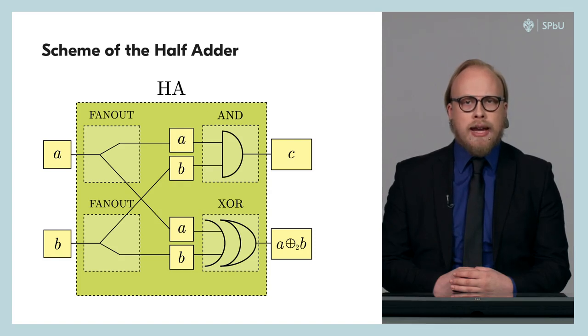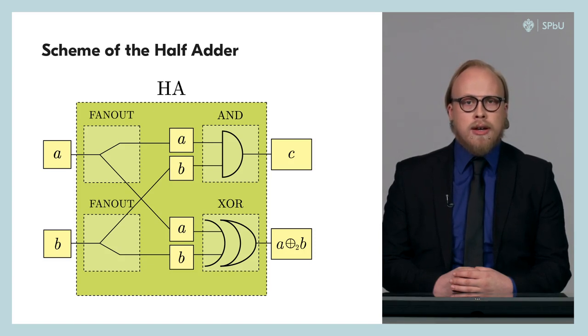Another pair of bits A and B is fed to the input of the XOR element, exclusive OR, which, as we found out in the previous lesson, adds modulo 2 the bits at the input. Thus, we get 2 bits, each of which will represent the corresponding digit in the binary notation of the sum of bits A and B.